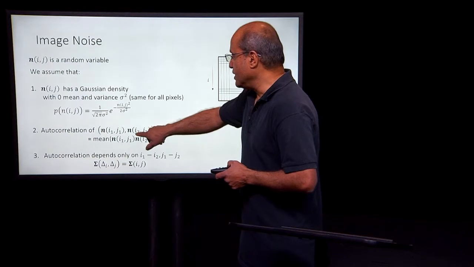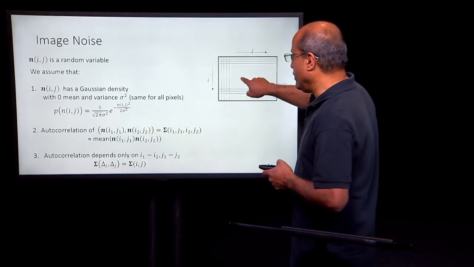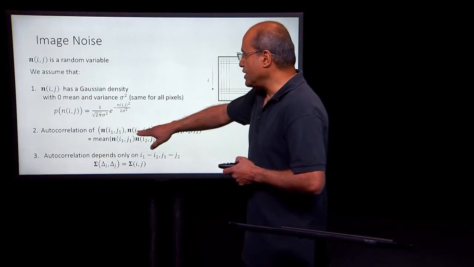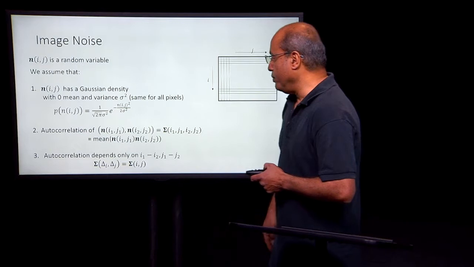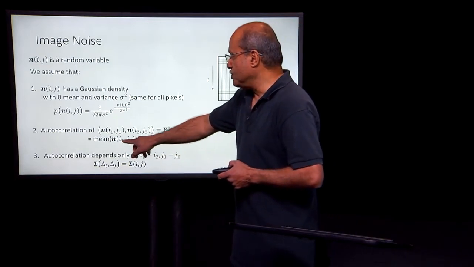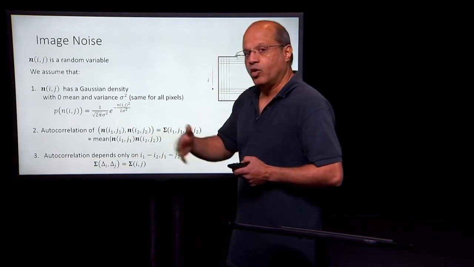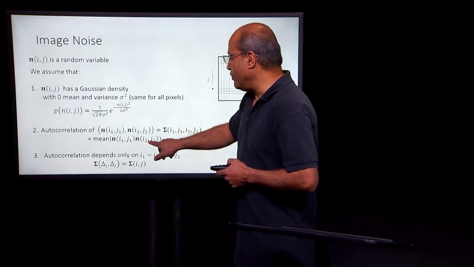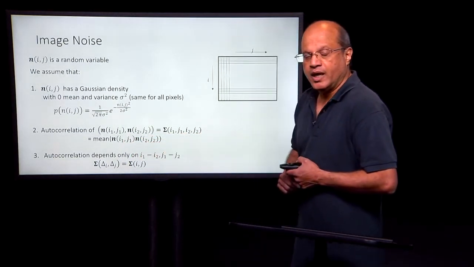The second pixel is at I2, J2, so somewhere out here. And we simply measure the correlation between those 2 random variables. And because these random variables we assumed are 0 mean, the correlation is just the mean, the average over all infinite samples of the noise at I1, J1 and the noise at I2, J2.